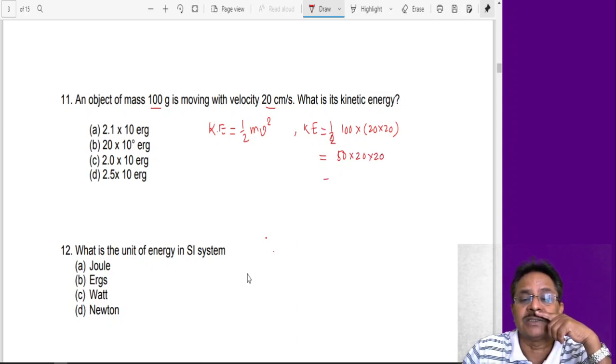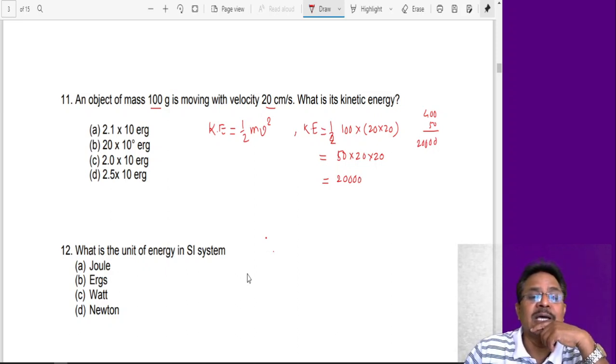Now 20 into 20 is 400, into 50 is 2000... so this is 400 into 50, 50 into 4 is 200, so one more 0 is needed here, and that's why this answer will be 20 into 10 raised to 3.